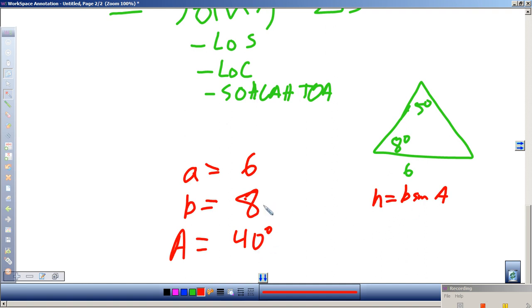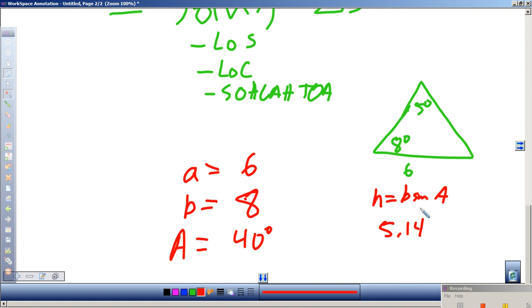So 8 sine of 40. What do you get? 5.14. So it is less than A and B is greater than A, so there are two cases in this.